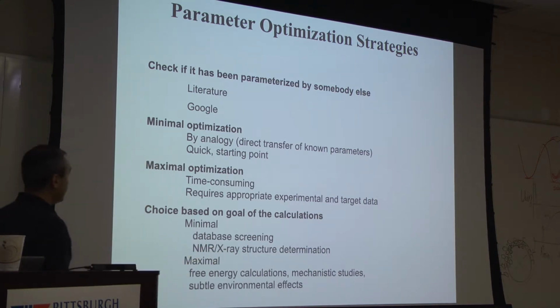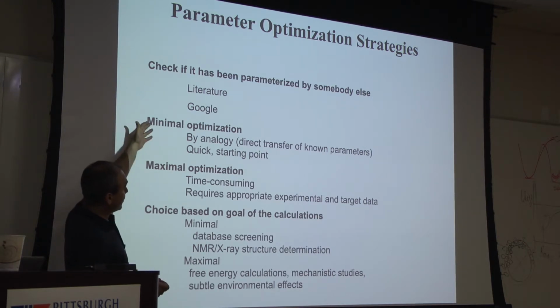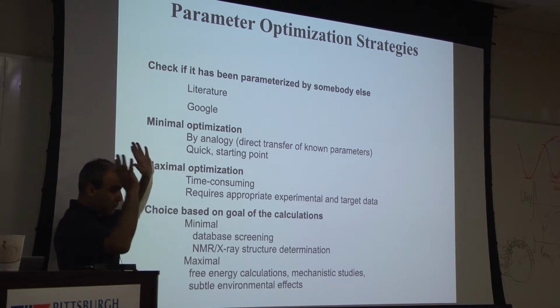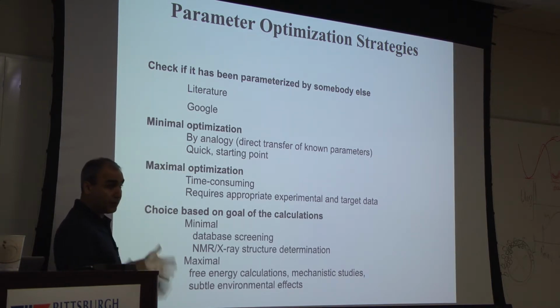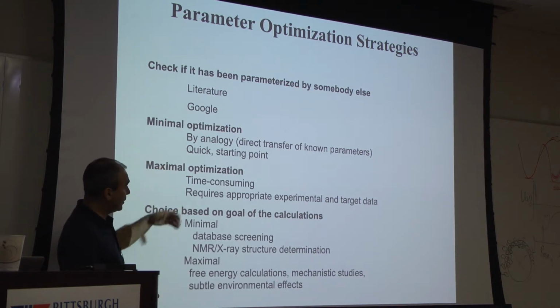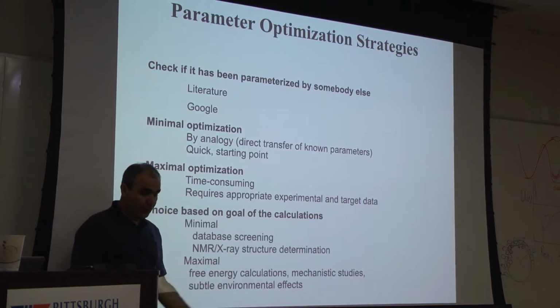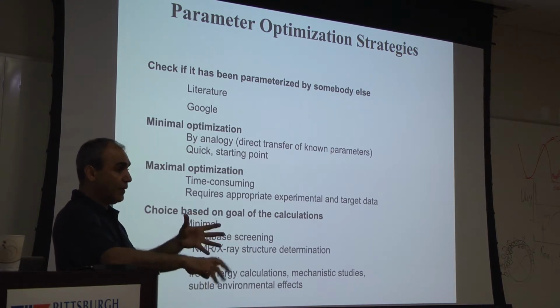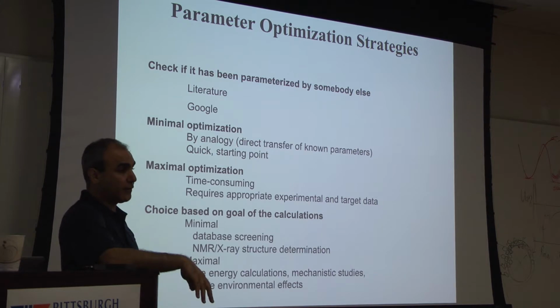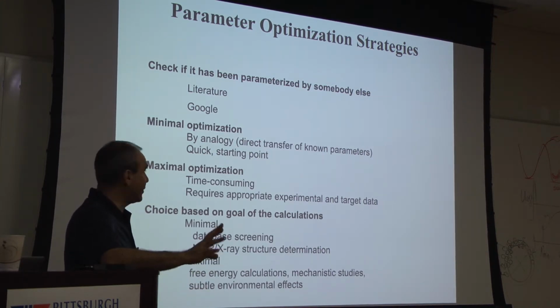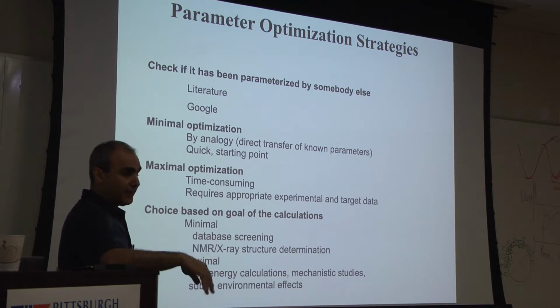So we have the minimal optimization, in which you just directly adopt everything from some similar residues, including even the charges. And we have the maximal optimization, in which you have to go through all the steps, even calculate bonded parameters from second derivatives in your quantum mechanical calculations, and do all the fittings and steps.